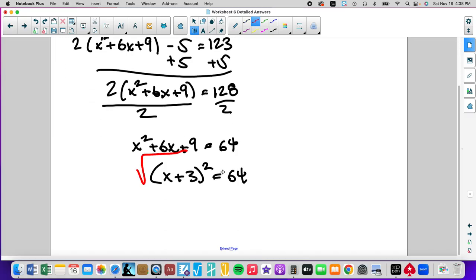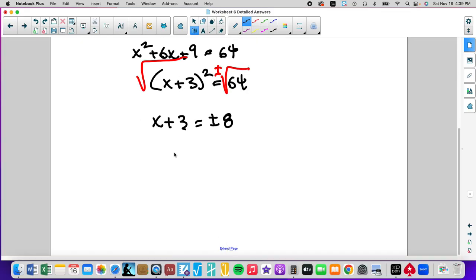We'll take the square root, and we have to do plus or minus. So we get x plus 3 equals plus or minus 8. We'll subtract the 3, and we get x equals negative 3 plus or minus 8.